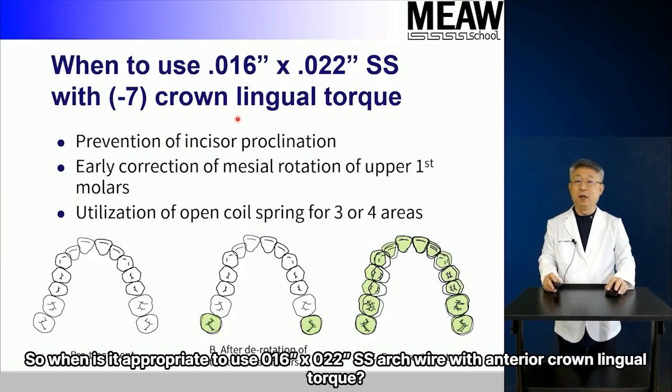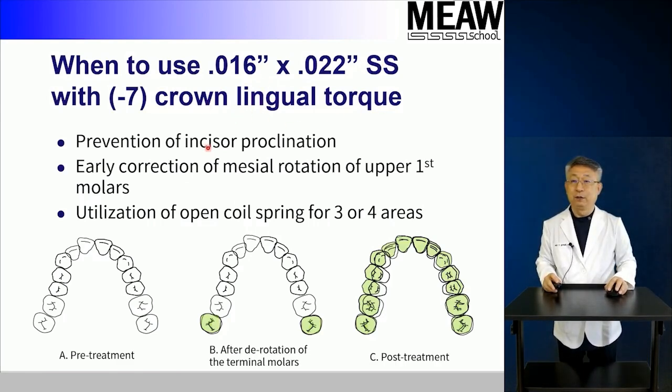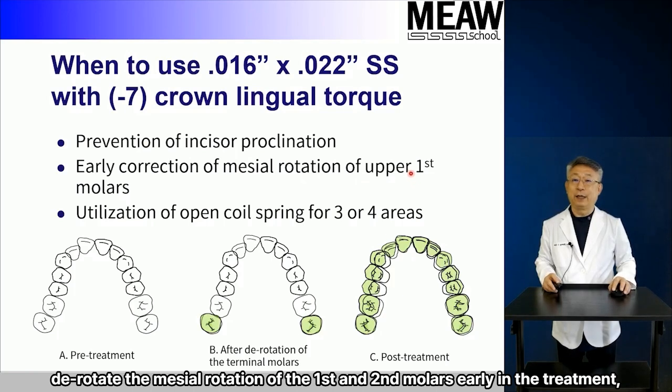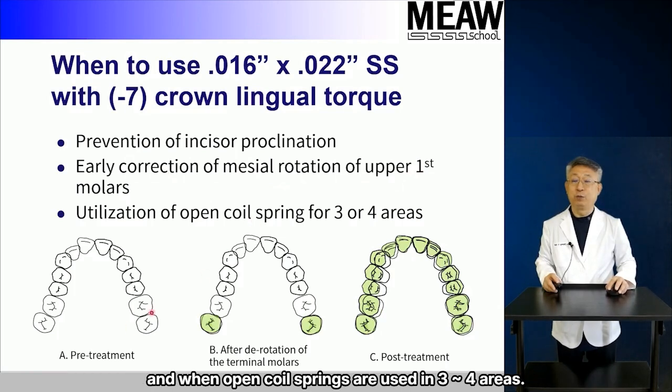So when is it appropriate to use a 016 x 022 SS arch wire with anterior crown lingual torque? It should be used in order to prevent proclination of the upper and lower incisors, to derotate the mesial rotation of the first and second molars early in the treatment, and when open coil springs are used in the 3-4 areas.